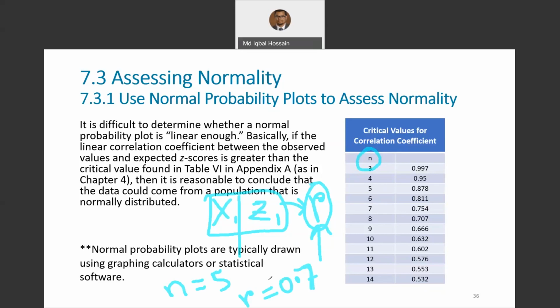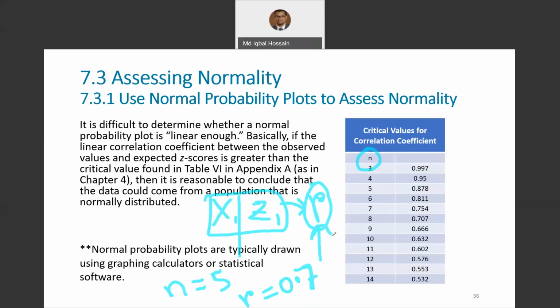So we have the sample size n, and we find the correlation coefficient between x and zi. Make sure you find the z first, because z is the expected z score, which we need to find using the formula from the previous slide we just saw.